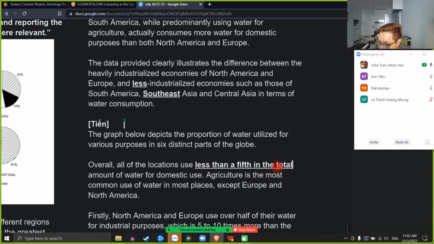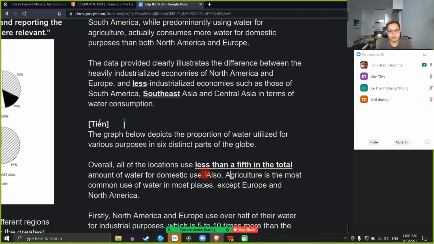Okay. Agriculture is the most common use of water in most places.